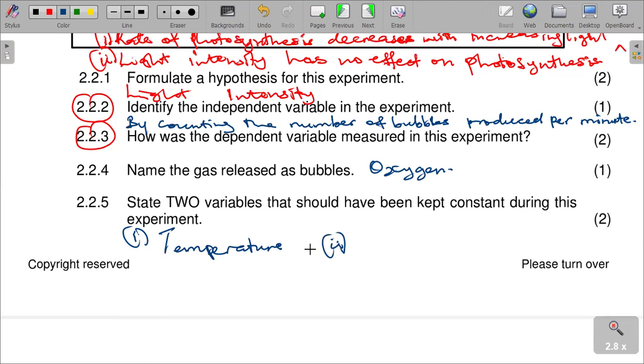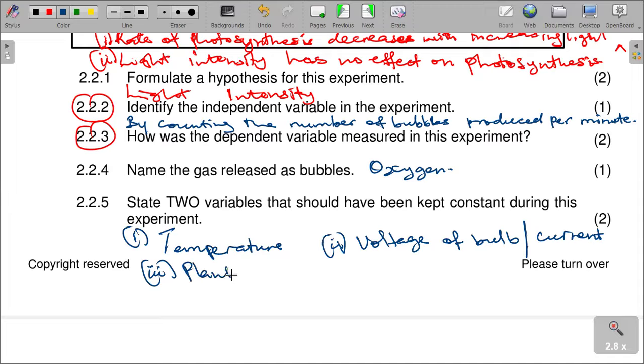We can talk about the voltage of the bulb, which is the current. We can also talk about plant species, which must be the same.